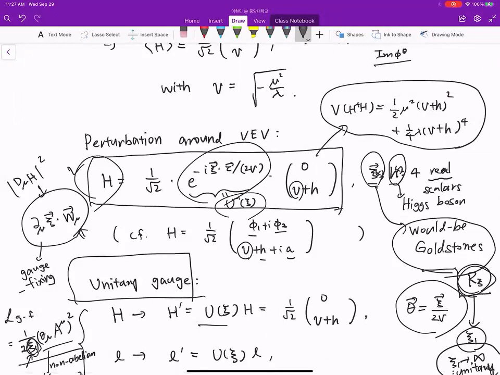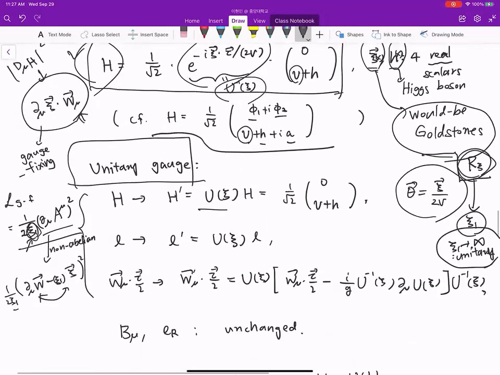You can choose this Cartesian coordinate for Higgs, and then for the general gauge, not unitary gauge, general gauge, so general gauge depends on this psi 1, this gauge fixing parameter. And then you will see the gauge boson masses depend on this psi 1.